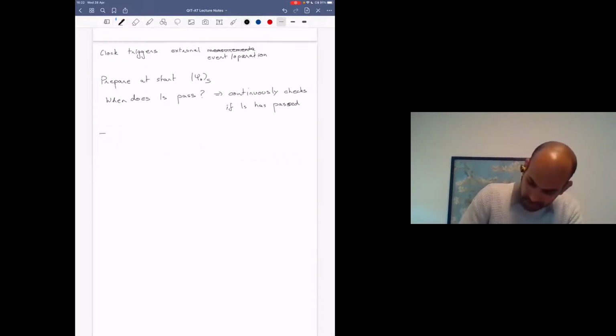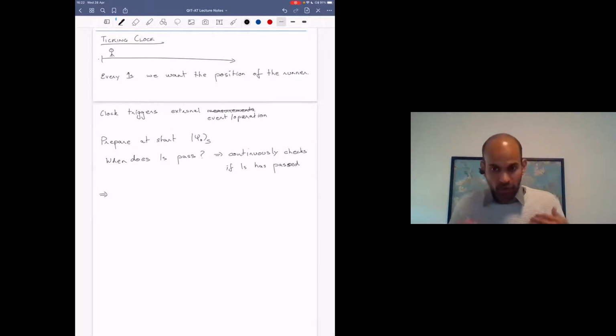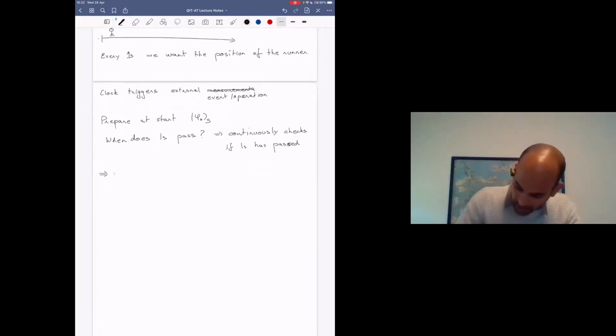So in other words, the important thing about a ticking clock, which is what I call such a clock, which itself provides the information that certain units of time have passed, is that it must incorporate a continuous measurement in its dynamics.